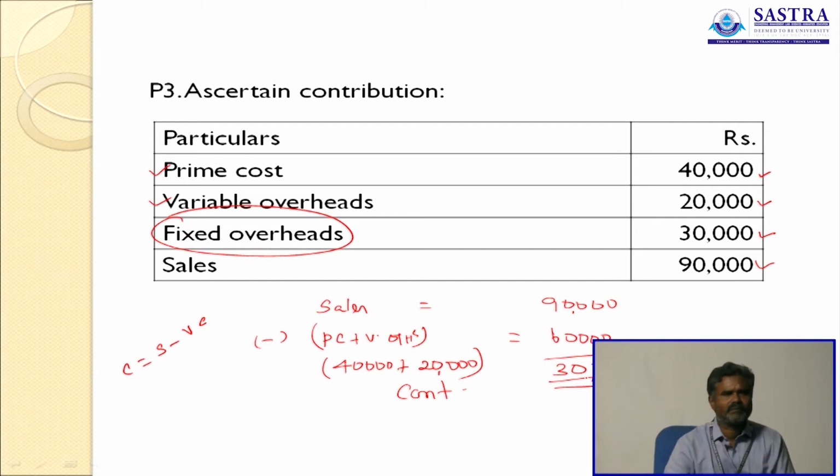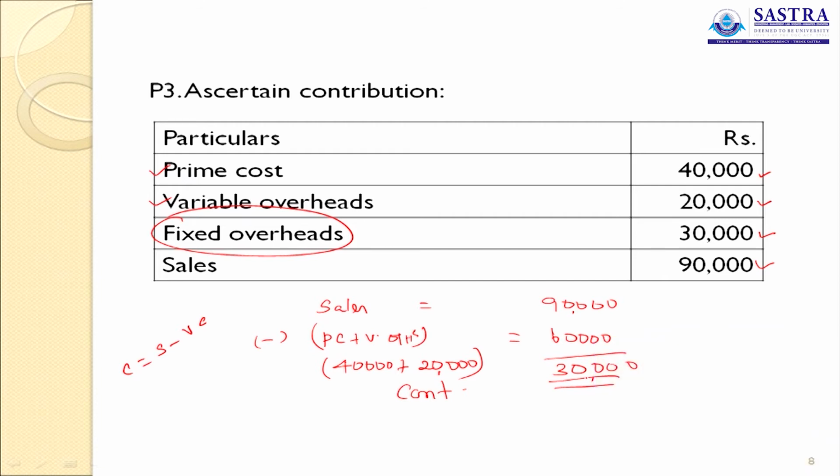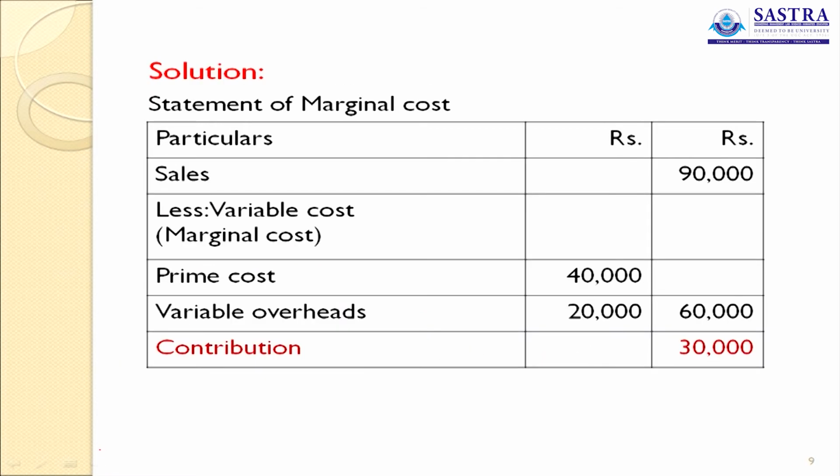Very simple problem. You understand the problem, then you apply the formula, then automatically you will get the answer. The difference between sales and variable cost is called contribution. So the answer is 30,000.